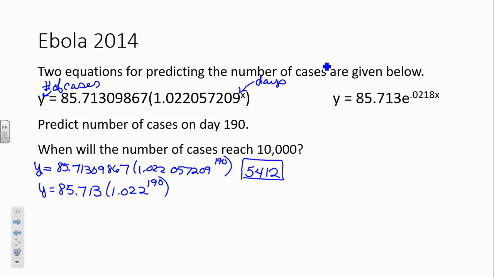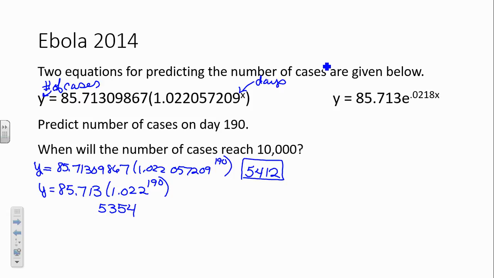Is that what everybody else got? Now let's try the other one: 1.022 to the 190th times 85.713, and we got 5,354 cases. Do you see that rounding can make a huge difference in the number of cases that we predict?